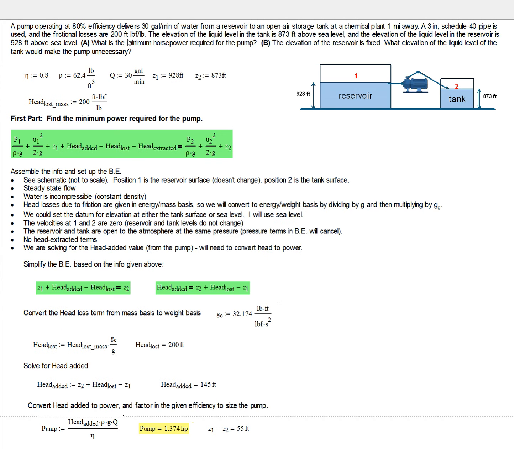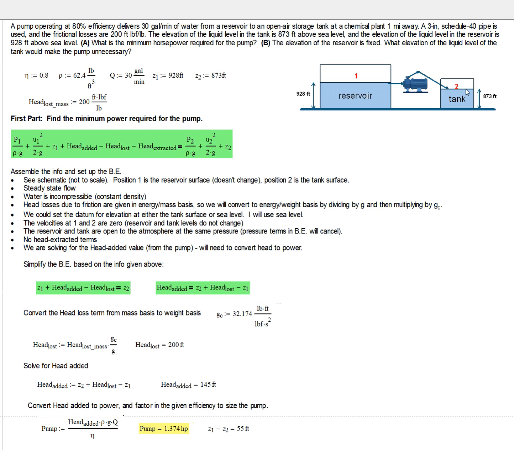So if we have 200 foot-pounds, or 200 feet of head, in friction in our piping, right? What's the elevation difference that's going to have to balance that 200 feet of frictional losses? That's 200 feet, right? And so 928 minus 200 would be 728.